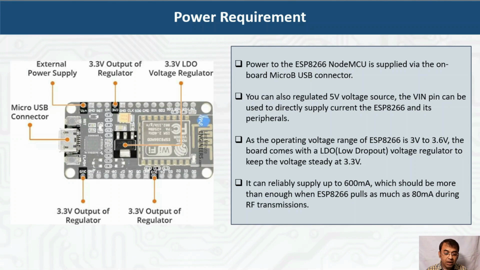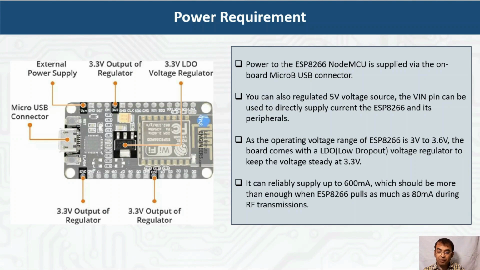It can reliably supply up to 600 milliampere, which should be more than enough when ESP8266 pulls as much as 80 milliampere during RF transmission. Guys, you can see the picture also.